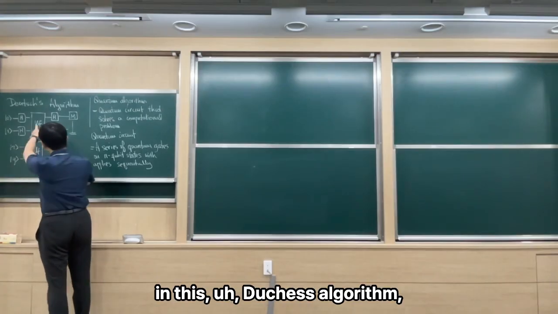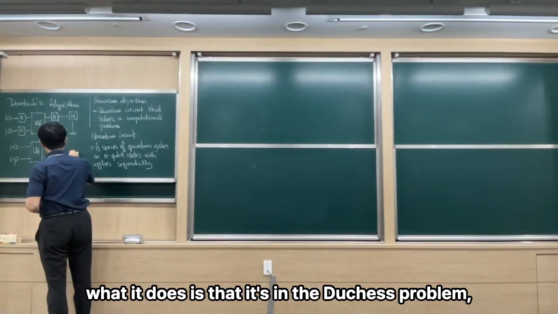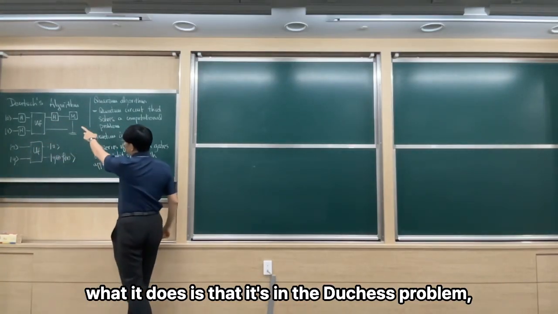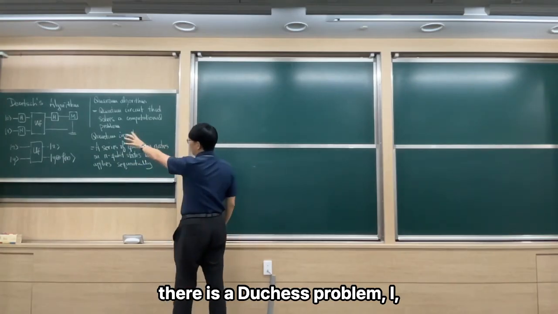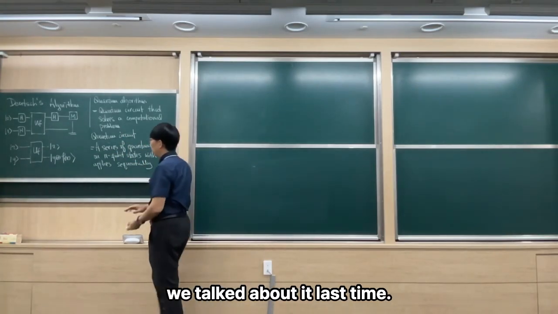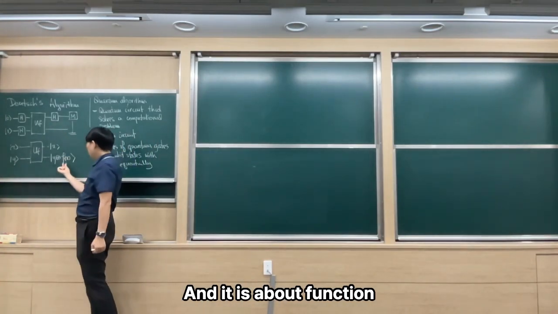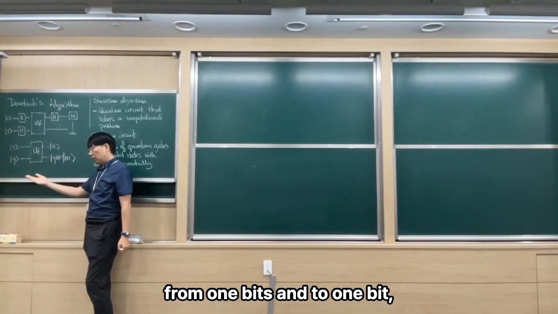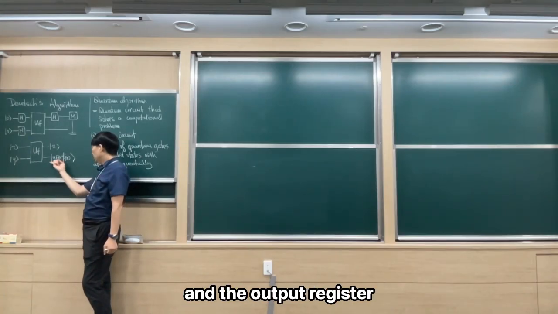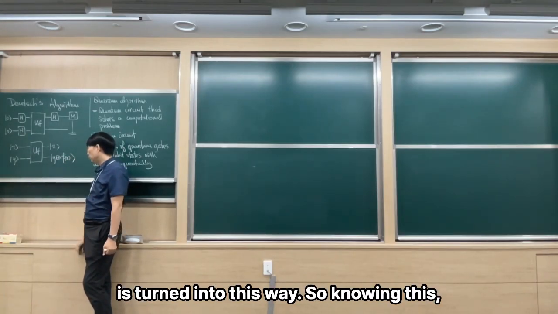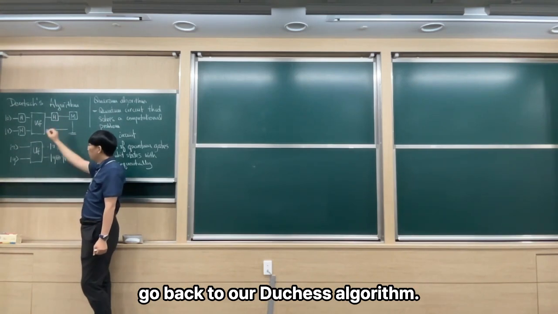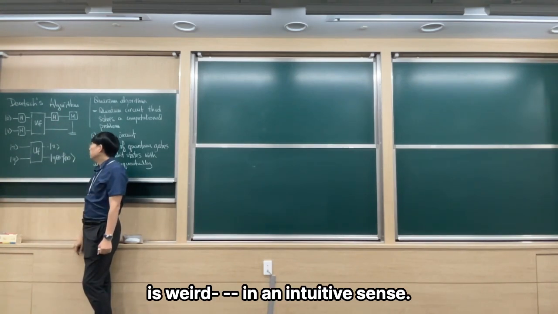So in Deutsch's problem, we talked about it last time, it is about a function from 1 bit to 1 bit. And the output register is turned in this way. So knowing this, go back to our Deutsch's algorithm, and you can see something is weird in an intuitive sense.